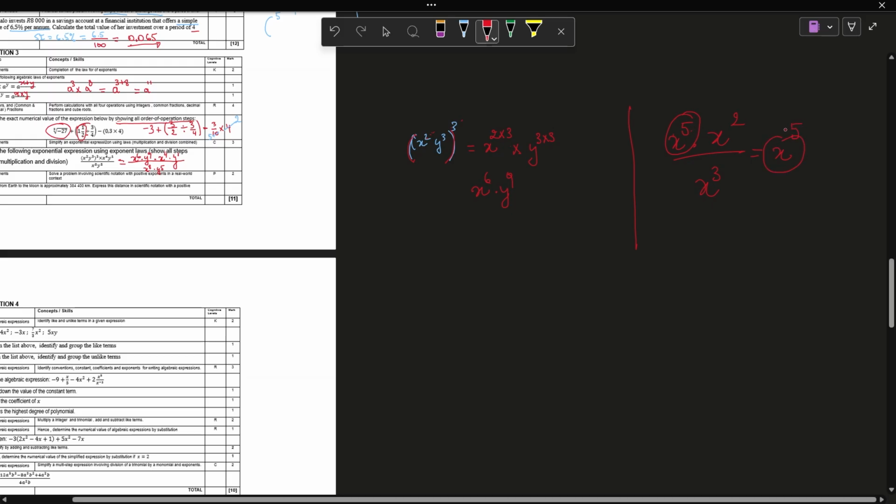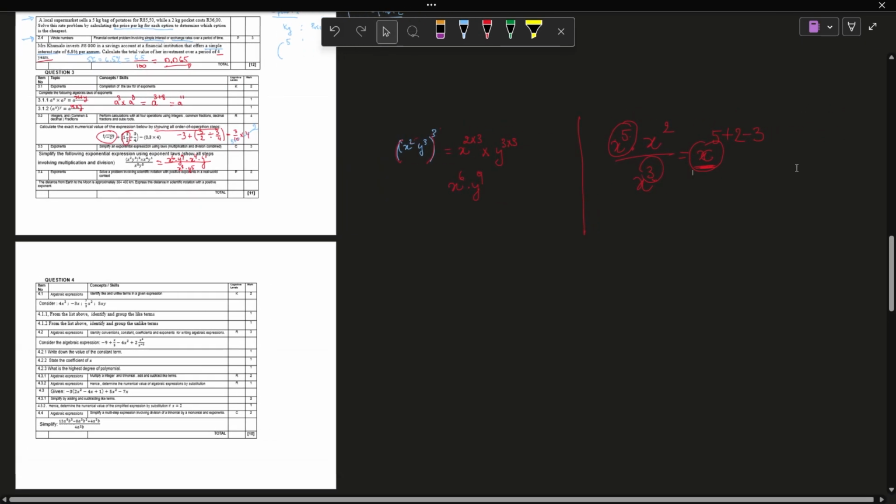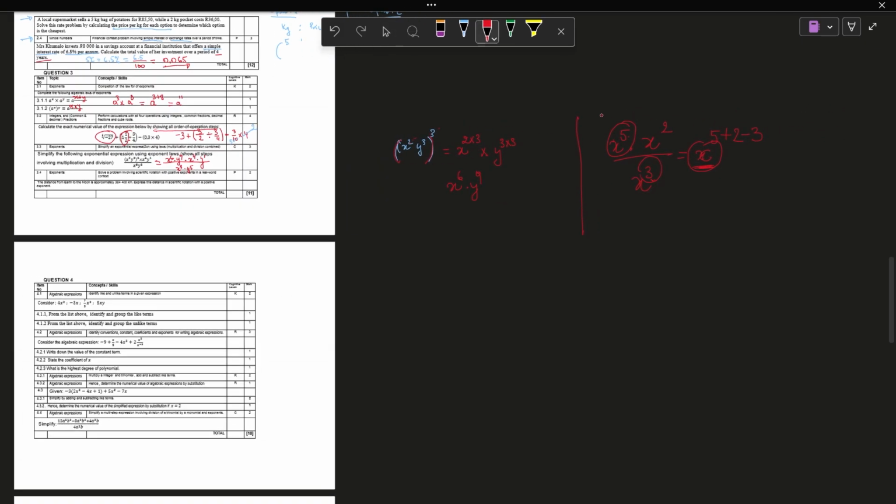So we have 5. This is also positive, we don't change. But because this is on the denominator, we change it, because we took it from the denominator to the numerator. Because remember, this x is now a numerator, right? So this is how we combine these laws. And this will give you 5. No, sorry. x exponent 4, right?